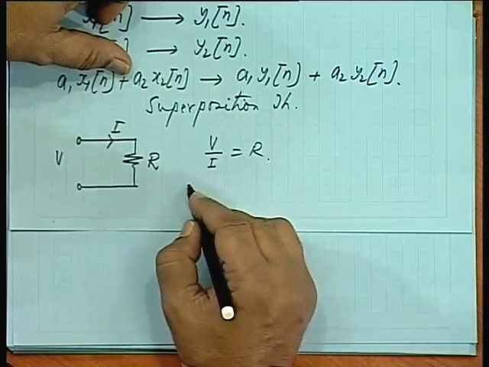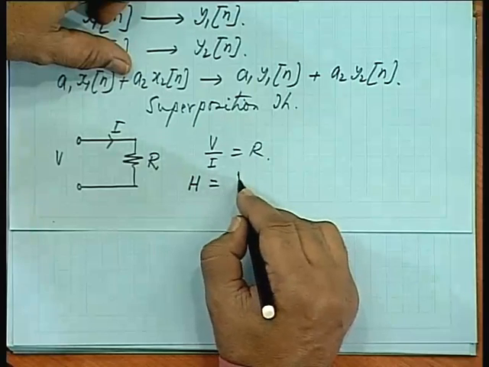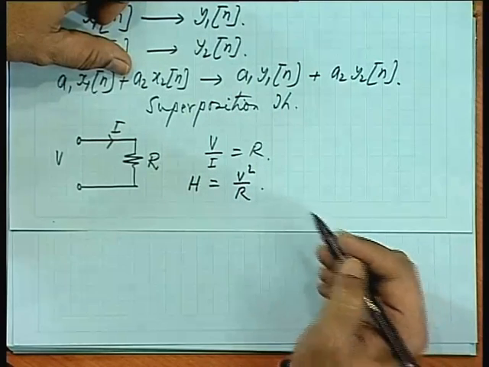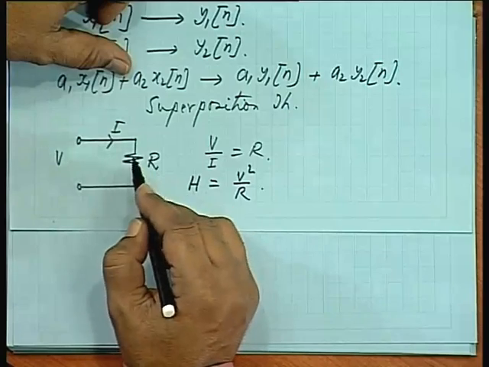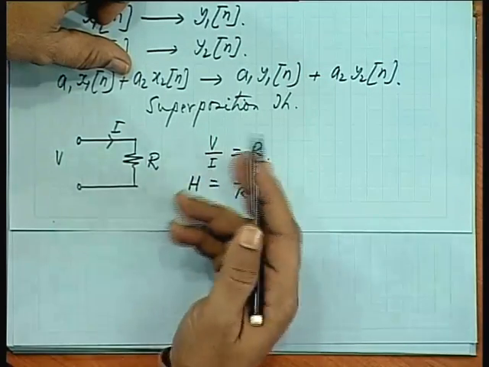If I measure the heat generated, then it will be V squared by R, and that is a nonlinear system. So the same resistance, which is constant in magnitude, can represent a linear system or a nonlinear system. It all depends on the input output pair that you are selecting.